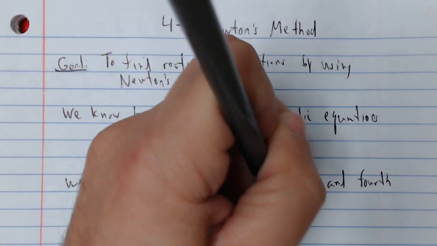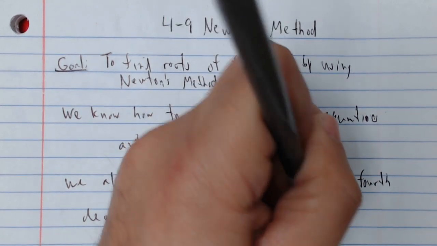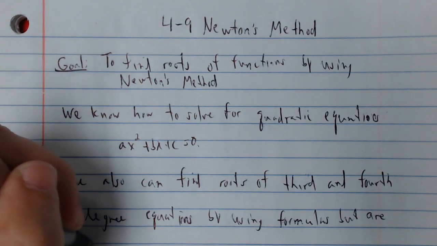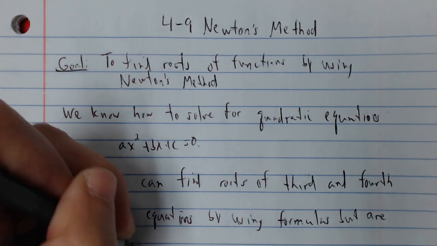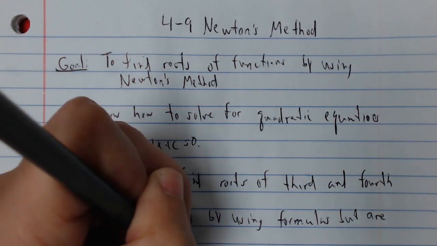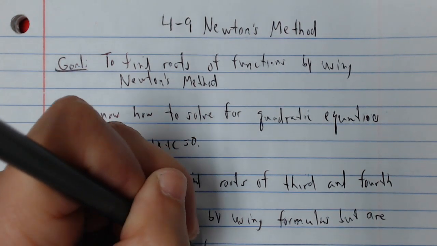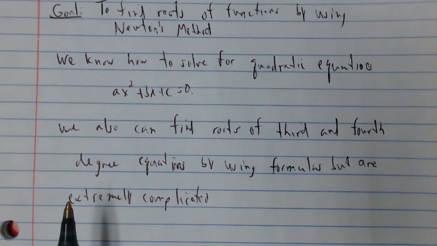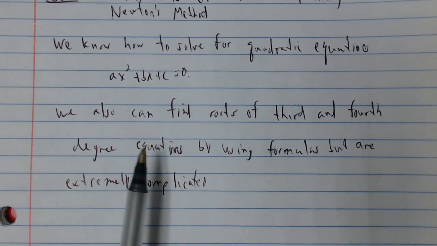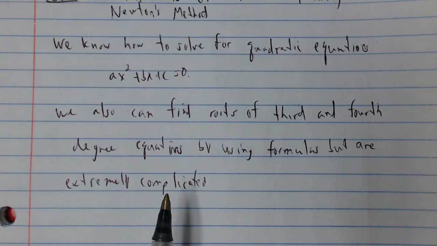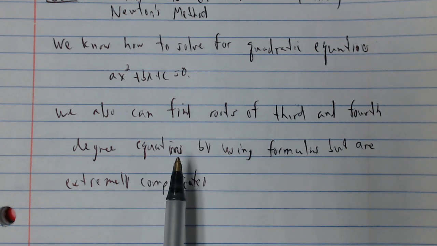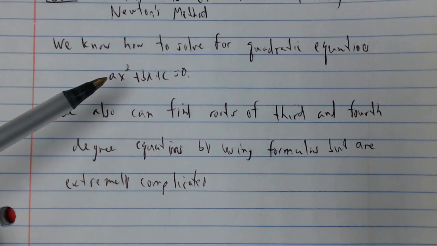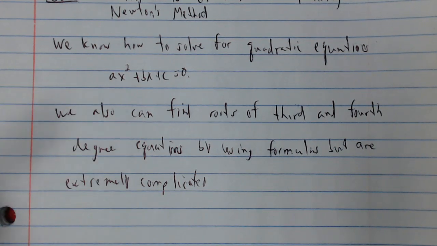So by using formulas, but these are extremely complicated. So we can find formulas, but these could be pretty complicated. So then what we notice is once we go past quadratics, things become more difficult.